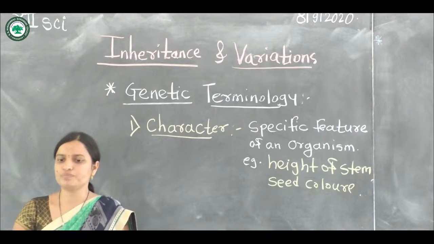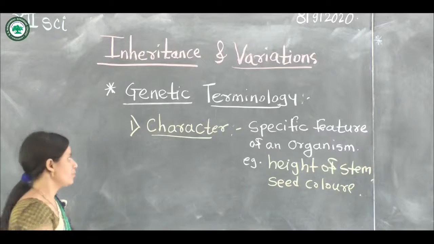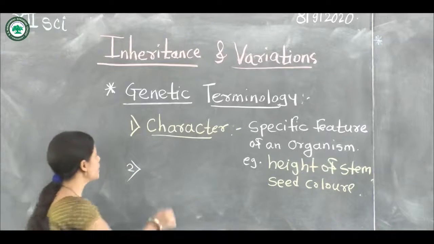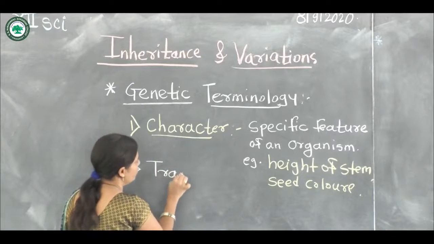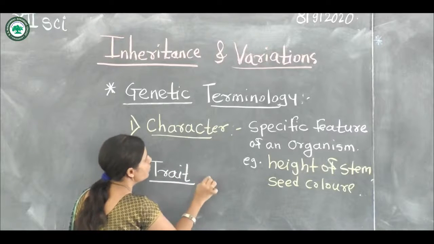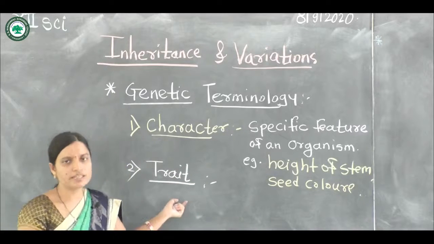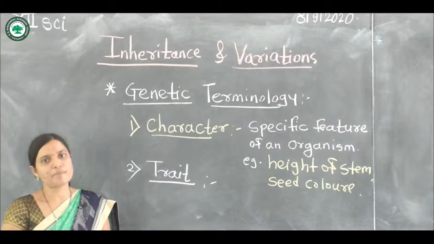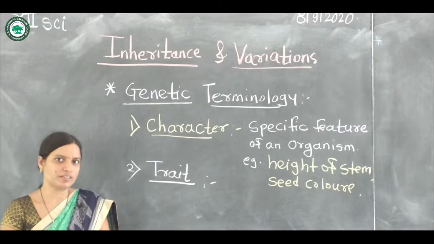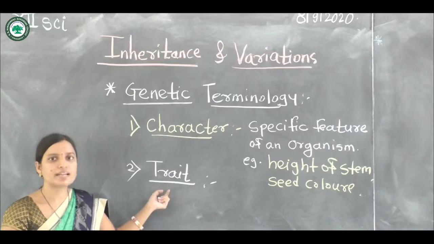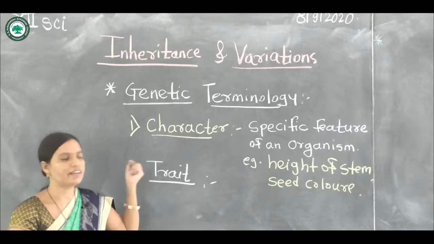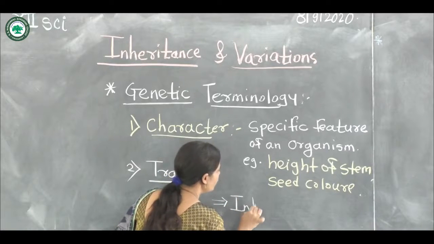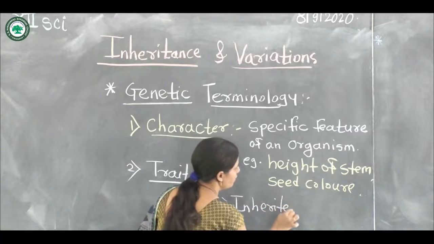The next term, the second genetic terminology, is trait. What is a trait? A trait is an inherited character. It passes from one generation to another generation.